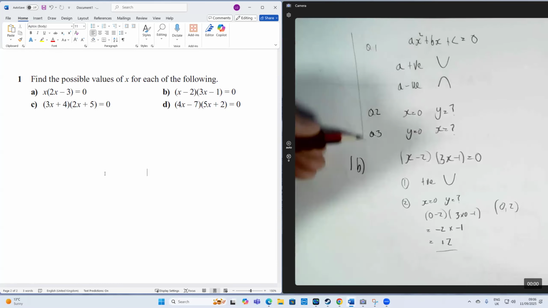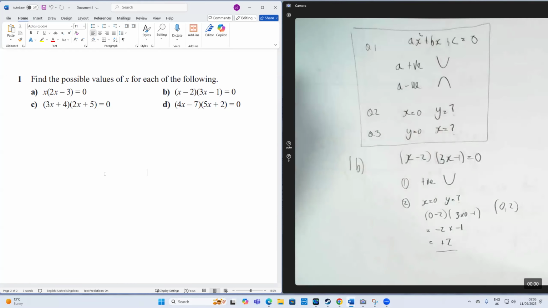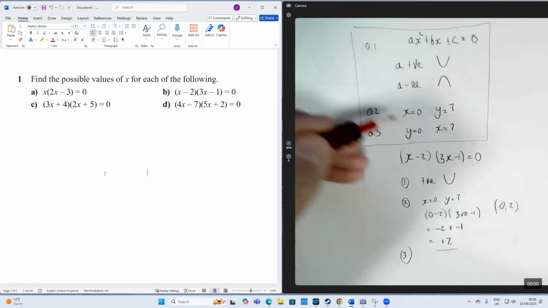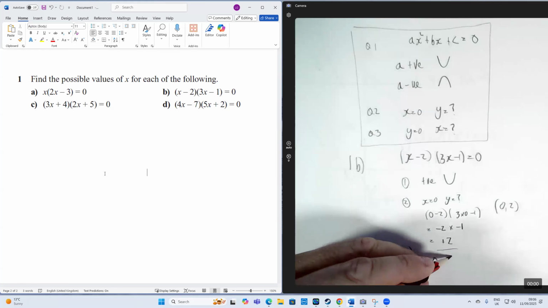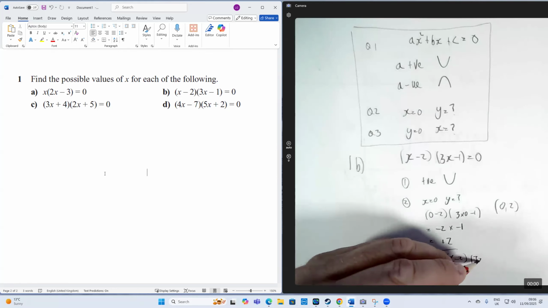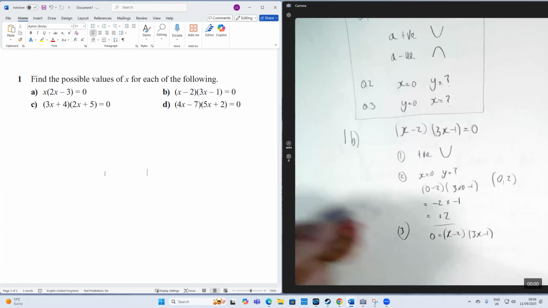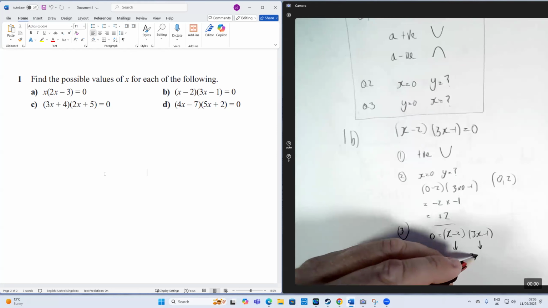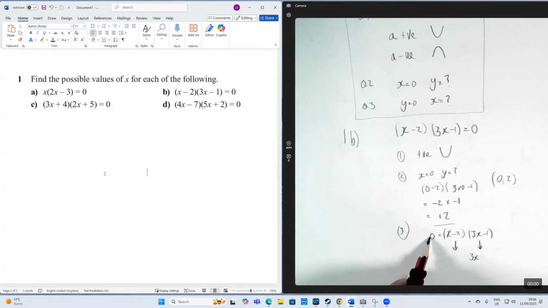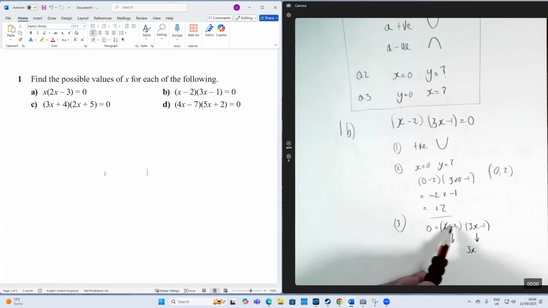Okay, now, what is our third question? The third question is, when y is 0, what is x? So 0 is equal to x minus 2 times 3x minus 1. We imagine that each of these brackets is equal to 0, because the only way this can equal 0 is if we have 0 times something, or something times 0.